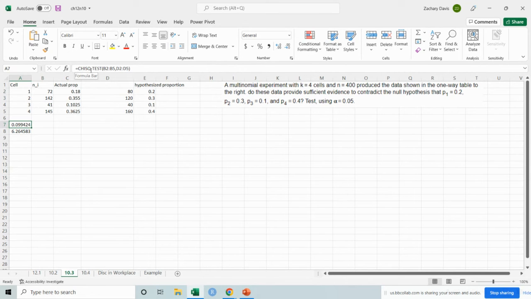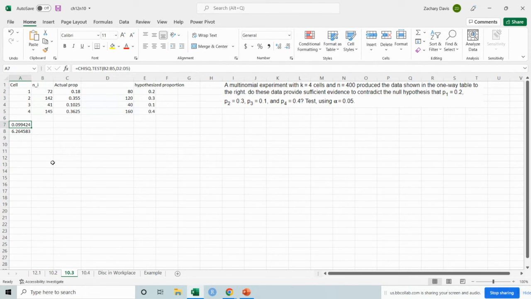You can see we have a chi-square dot test, and you pull in these 2 arrays. They're arrays because we're only looking at one-dimensional data right now: the array of our observed values versus our hypothesized proportions that we expected. We run that, and what we get is the p-value, which is 0.09.